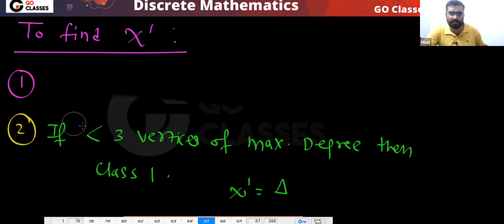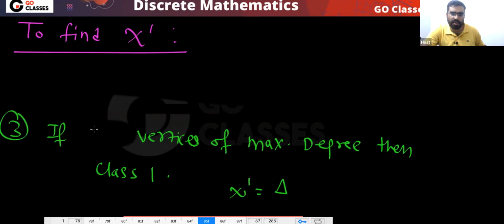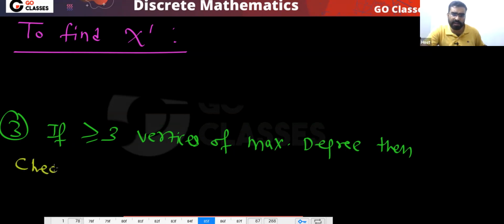What is the next statement? If this is not working, if there are greater than or equal to 3 vertices of maximum degree, then check bipartite.